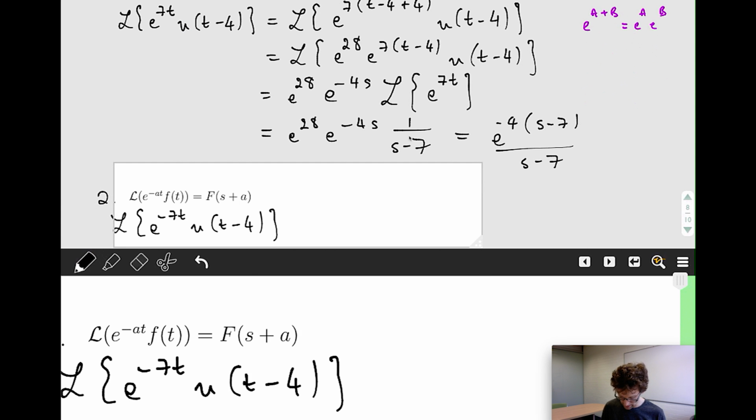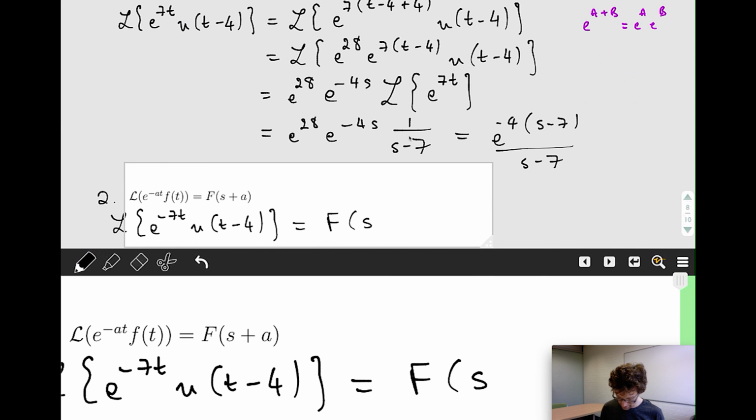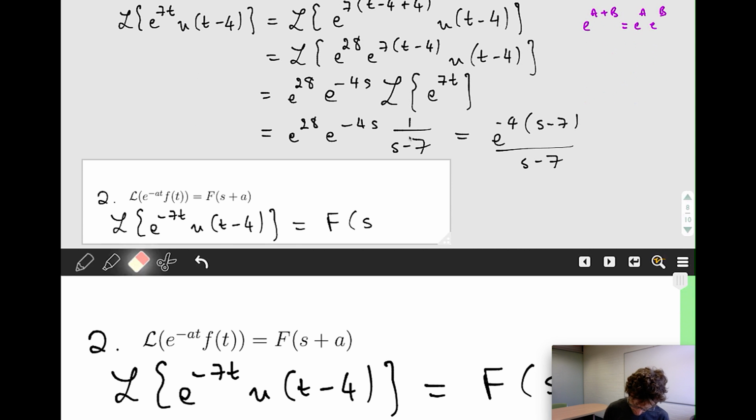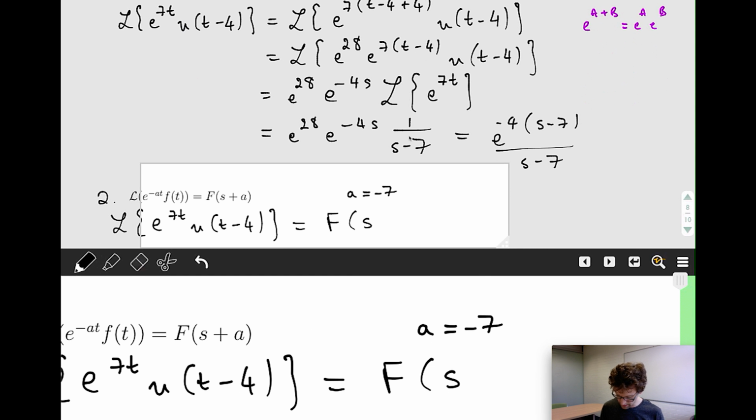This is going to be equal to F of s plus a, where we can see that a is clearly going to be equal to minus 7, since that's e to the 7t. So this is going to be F of s minus 7.